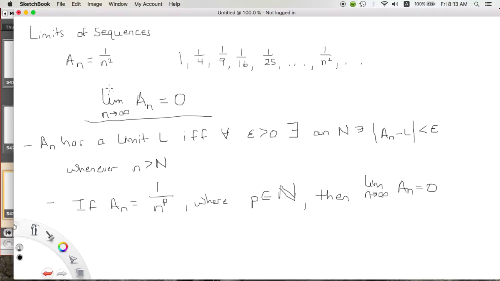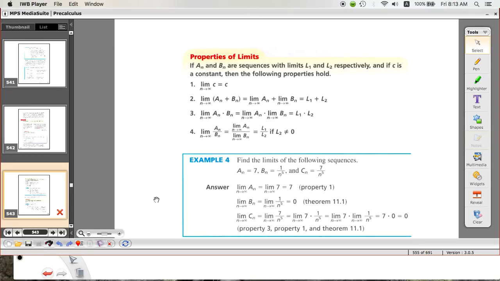Now, we also have lots of properties, and if you look in your book on page 543, you see some of these properties. If you have sequences and they have limits, then these properties will work. So the limit as n goes to infinity of a constant: for example, the limit as n goes to infinity of 5 is always 5, so the limit is actually the constant itself.